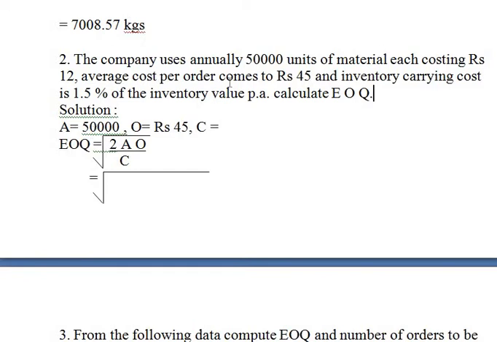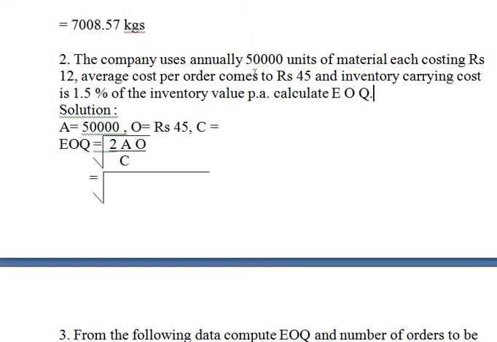Now 50,000 is annual consumption, so write down A is equal to 50,000. O is 45. Average cost per order, so cost of order is nothing but cost of placing an order, that is 45 rupees. And here they have given inventory carrying cost is 1.5% of the inventory value. Inventory value is given in the problem, right?